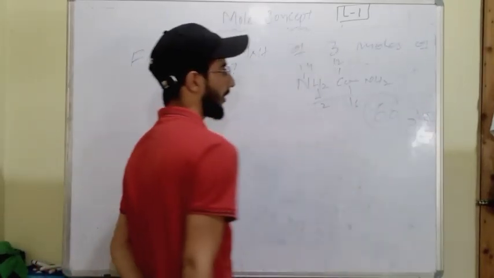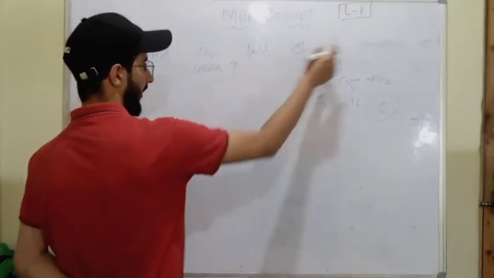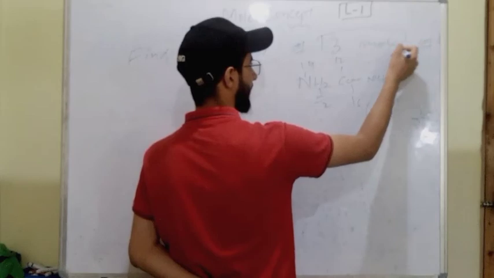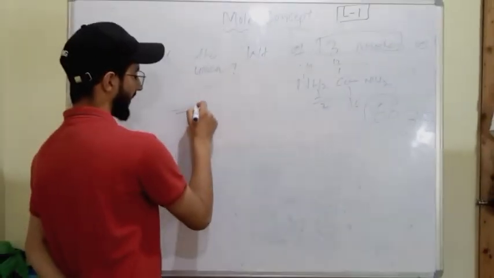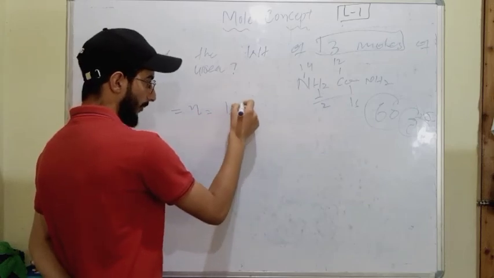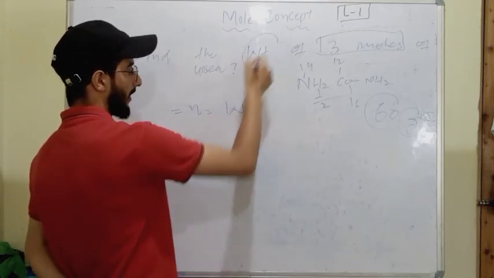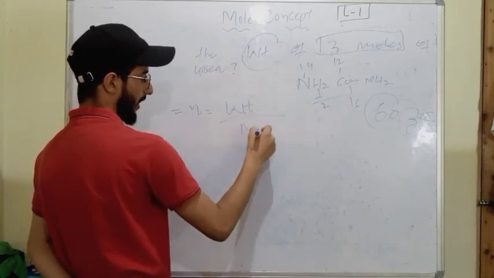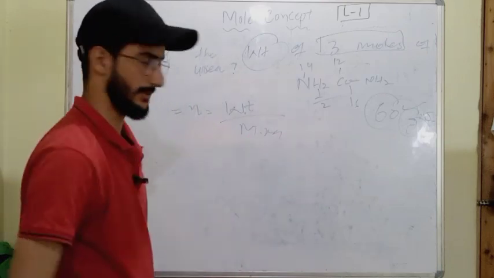It will be the gram molecular mass or molecular mass. Here in the question the number of moles is given, that is 3. We know the formula n is equal to W, the weight which we are going to calculate, upon the molecular mass which we have already calculated, which is 60 grams.